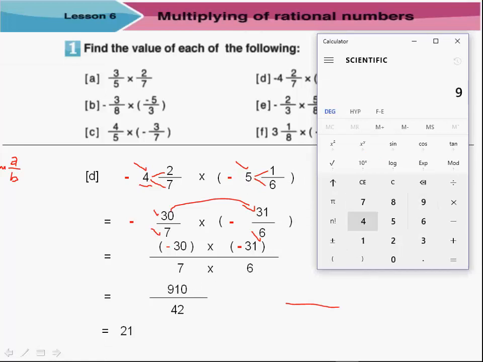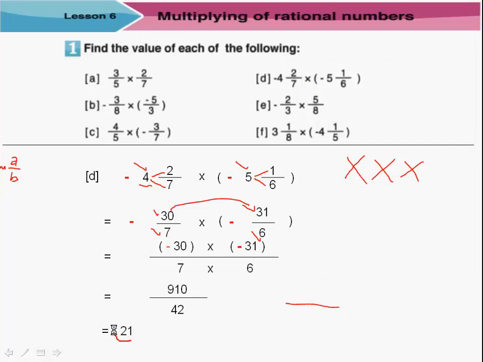We have to divide 910 by 42, which equals 21 point something. So here it will be 21 as the integer, and the remainder will be divided by the denominator. The remainder we put in the numerator.